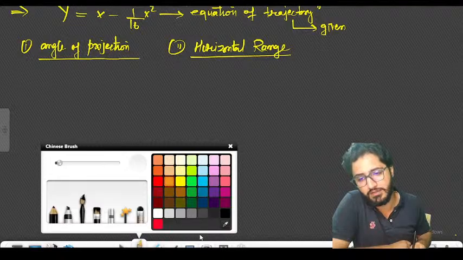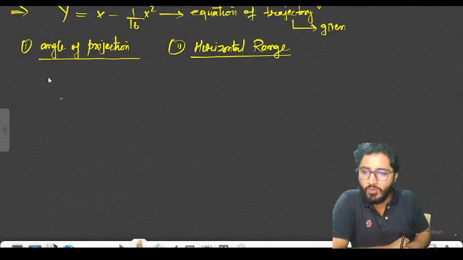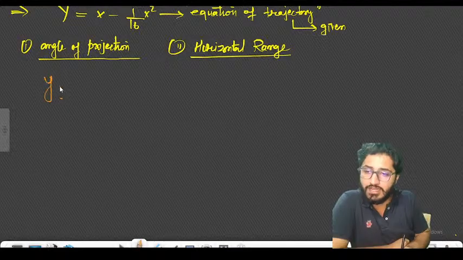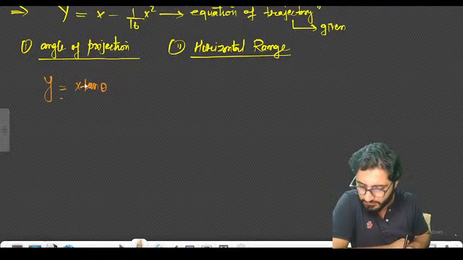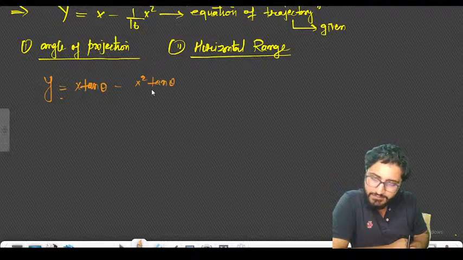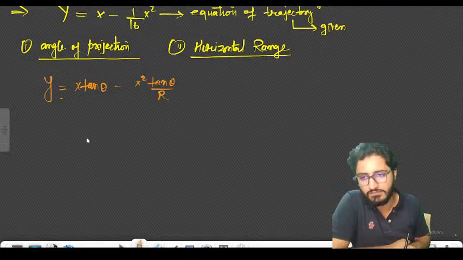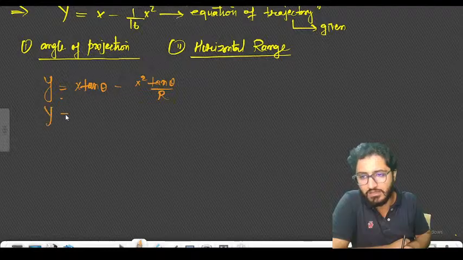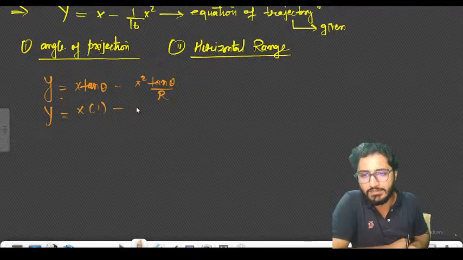How will we compare it? Look, what is y basically? It is x tan theta minus x square tan theta by r. Now, what is given to us? y equals to x multiplied with 1 minus x square multiplied with 1 divided by 16.